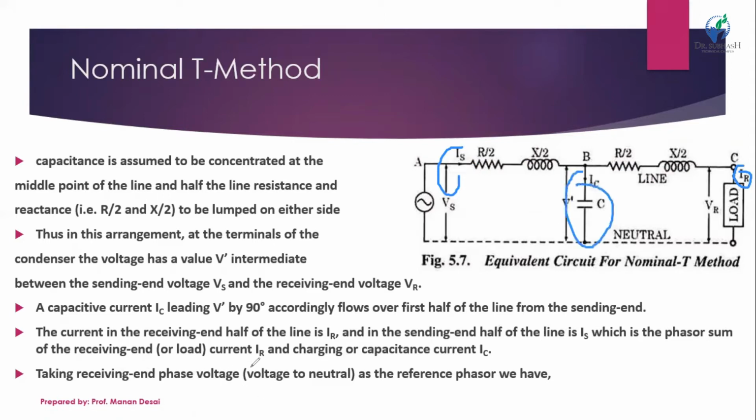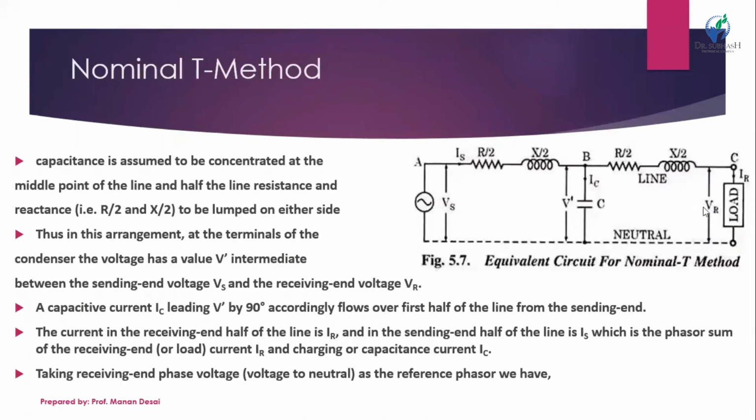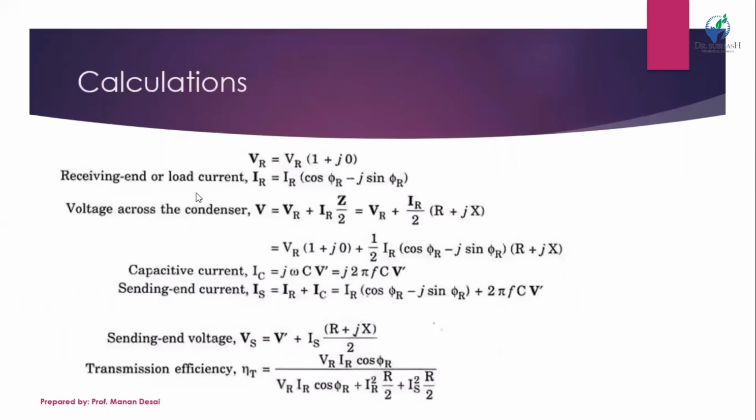Taking the receiving end phase voltage as the reference phasor, we have the calculations. VR is equal to VR times (1 plus j0). And the receiving end or load current IR is equal to IR (cos phi R minus j sin phi R).